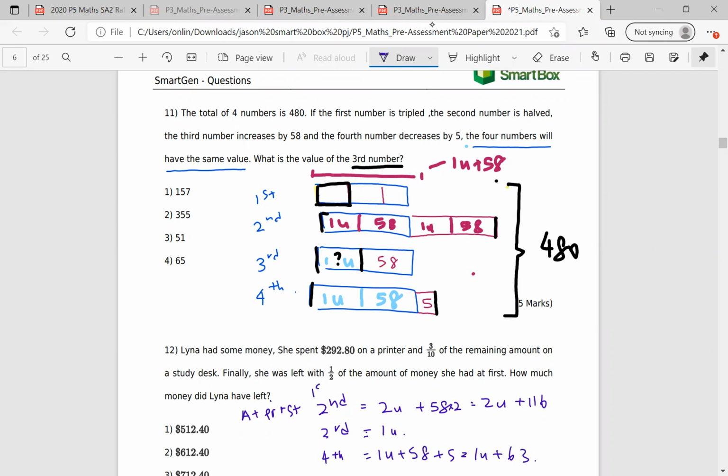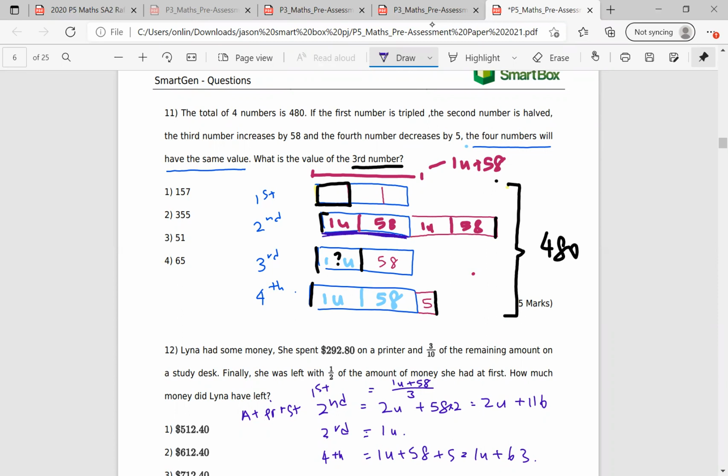And then the first one here is actually equal to 1/3. So it's 1/3 of the 1 whole unit plus 58, because our whole unit, as we can see from the second one here, is actually equal to 1 unit plus 58. So it's 1/3 of that.